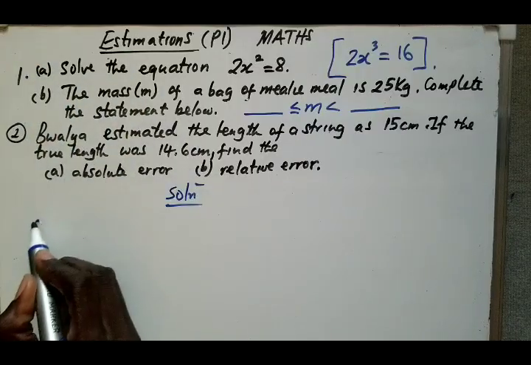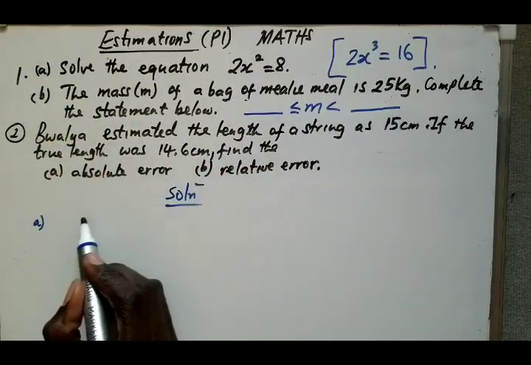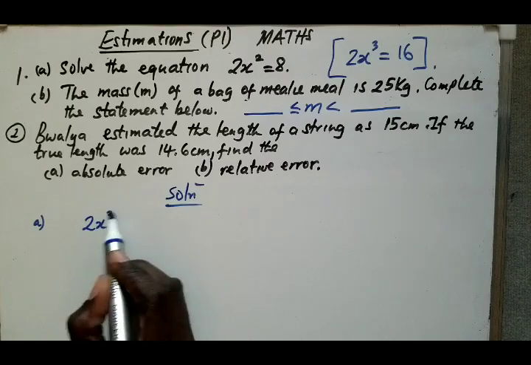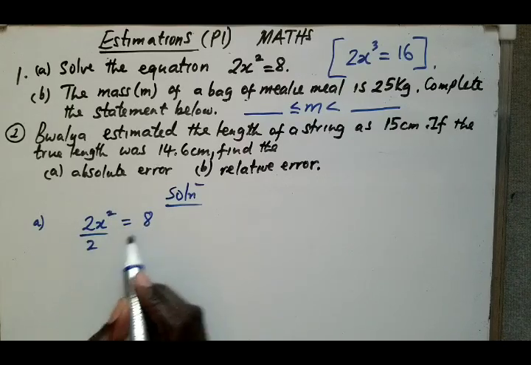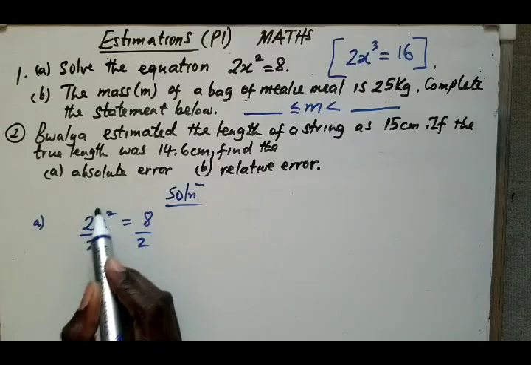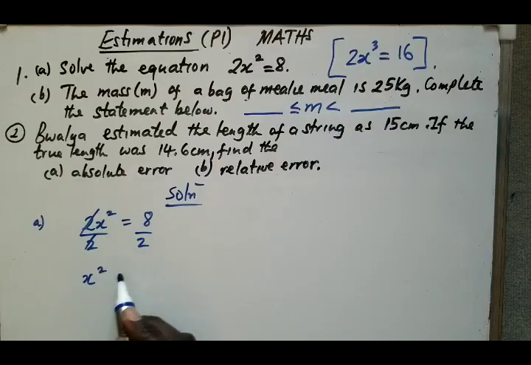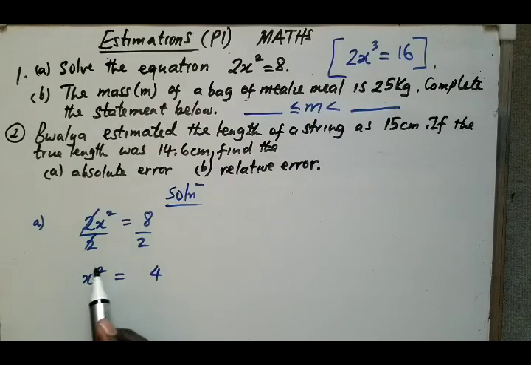It was saying: A, solve the equation. So how do you solve 2x squared equals 8? I think this was direct. You can divide by 2 so that you remain with just x squared equals 8 divided by 2, which is 4. Then the next thing you need to do is get rid of that square. The only way is to introduce the square root.